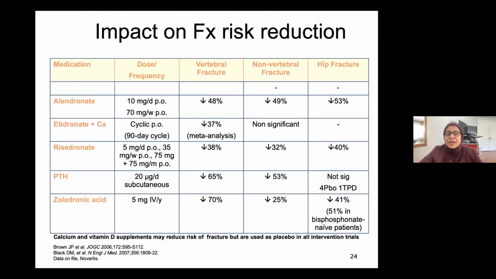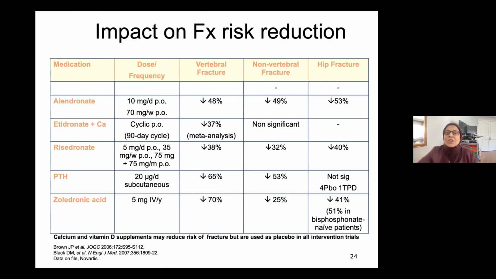The bisphosphonates, the oral bisphosphonates and IV zoledronic acid, reduce the risk of vertebral, non-vertebral, and hip fracture. With the oral bisphosphonates, we have data out to 5 years. With IV zoledronic acid, we have data out to 3 years. With long-term data beyond those time periods, we do not have proven efficacy against non-vertebral fracture and hip fracture risk.